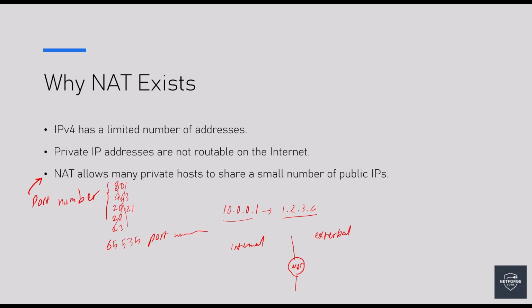The internal side has the private addresses and some public addresses are outside. So the public address is routable. What I do is I change this private address to a public address, and because I have many devices here that are all going to use the same IP address, I use a random port number for each one of these hosts. So 10.0.0.1 is going to be translated to something like 81.252.120.